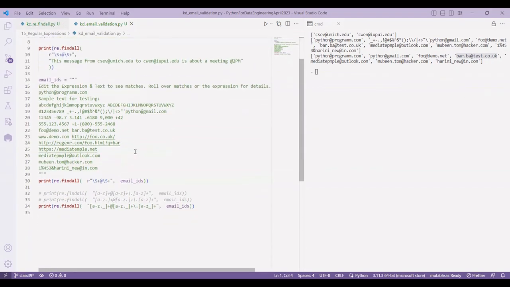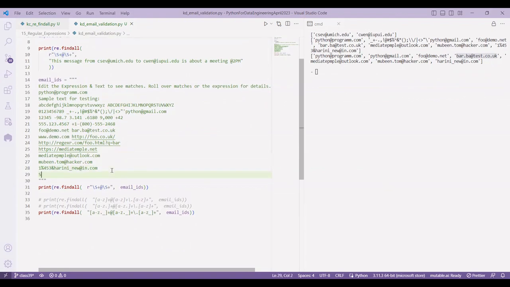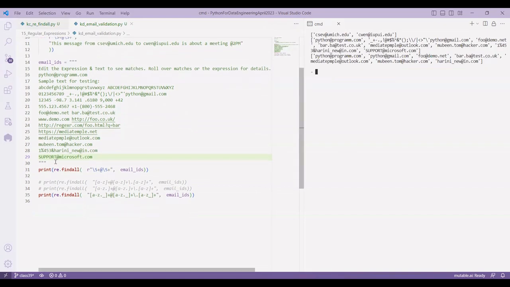Sometimes you can give support at the rate of Microsoft.com. Someone has written like this. So this is another pattern. Will you get that pattern? No. The reason being you are not handling the capital letters. Obviously email IDs don't make any difference with the patterns.